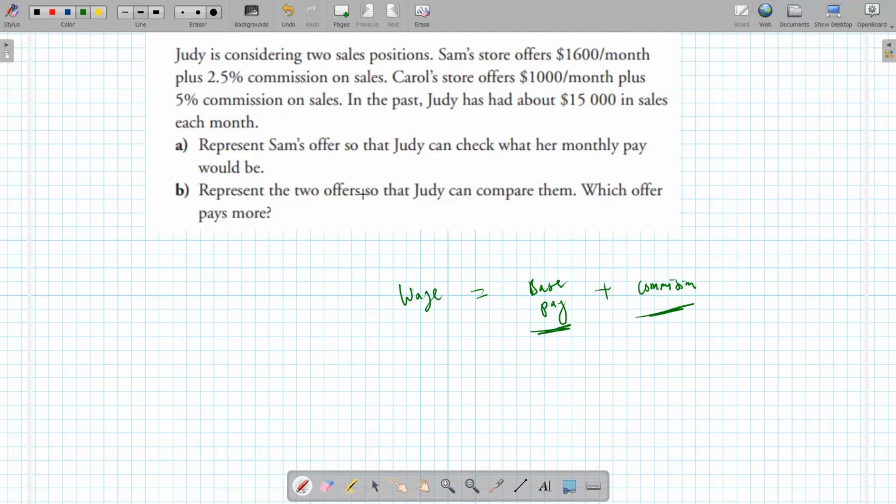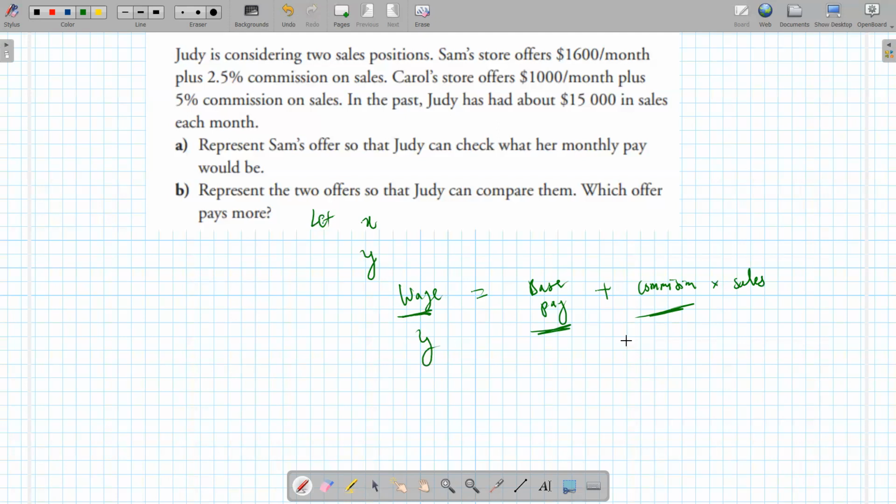Actually, first let's define our variables. What is X and what is Y? What do you think? The hint is right here. If you just look at this, so Y is gonna be her total wage, okay? See this?